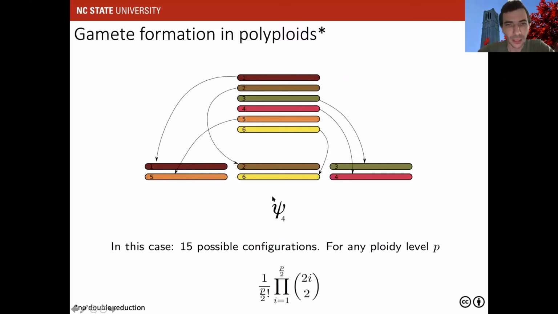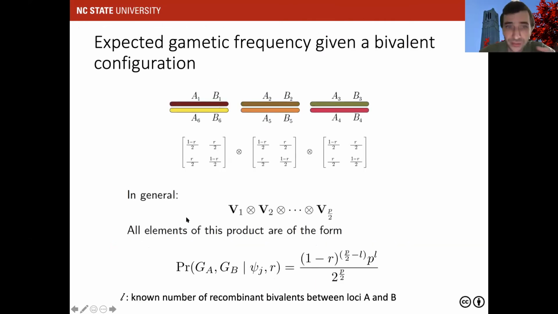But looking at this formation here, we see some similarities with the diploid example, right? So my question is, can we model each one of these bivalents as a diploid? And the answer is yes, we can. We can use the same matrix, but we need to use a trick here called Kronecker product.